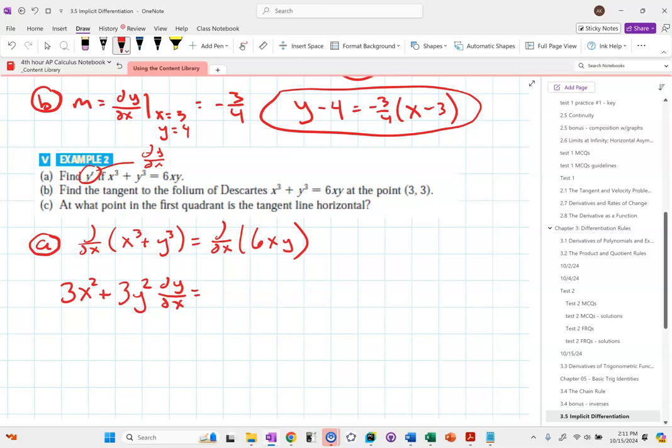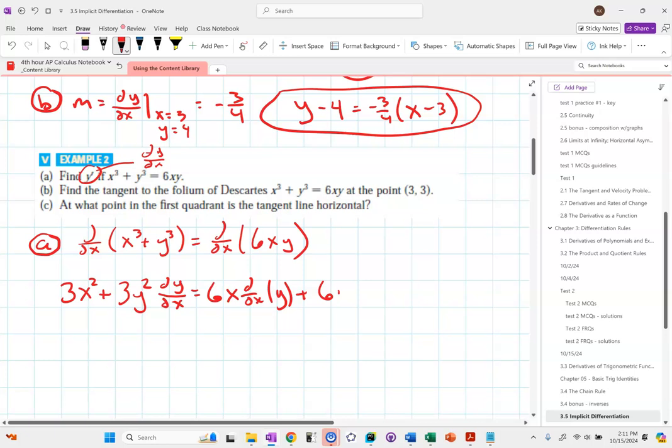What do you guys think? It's a product rule. Yes! We have two variable expressions, x and y, that are multiplied together. Have to use a product rule. Very good.